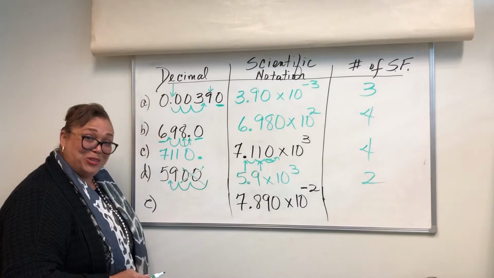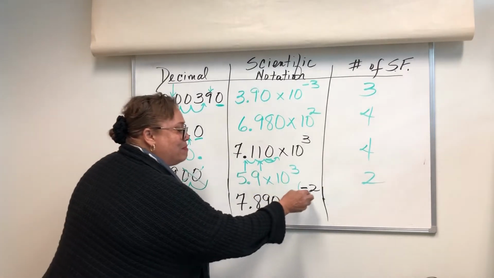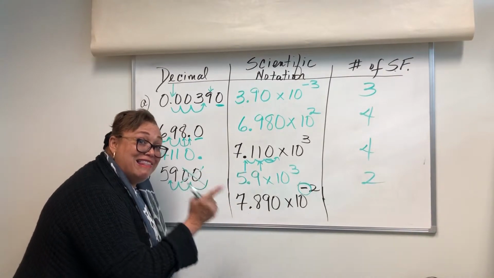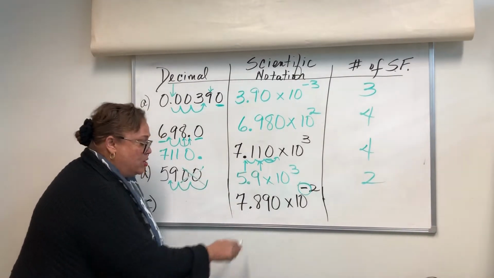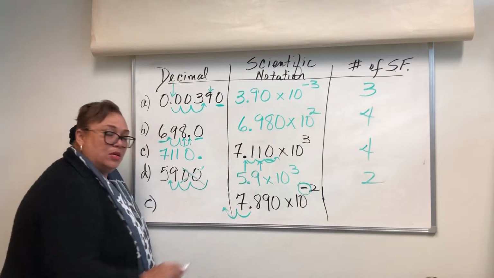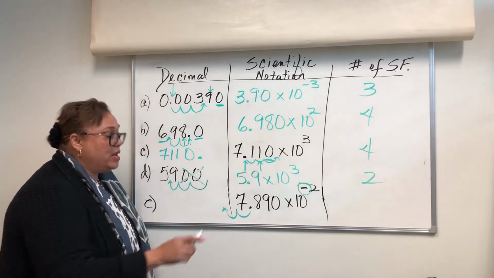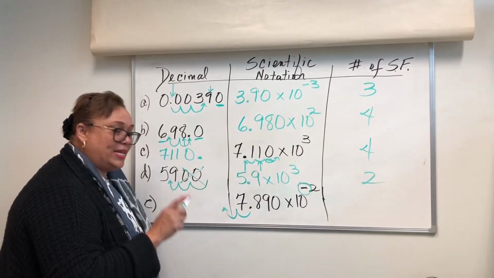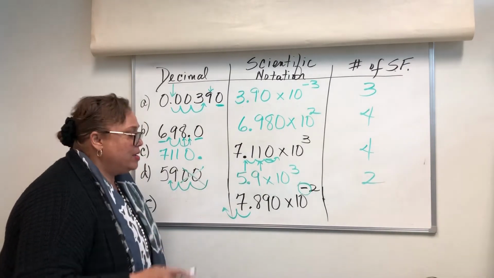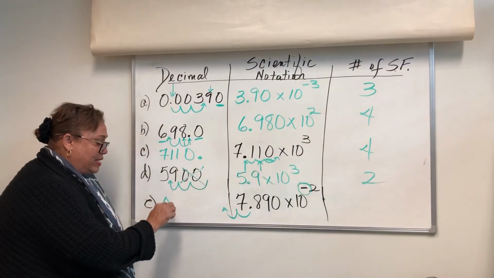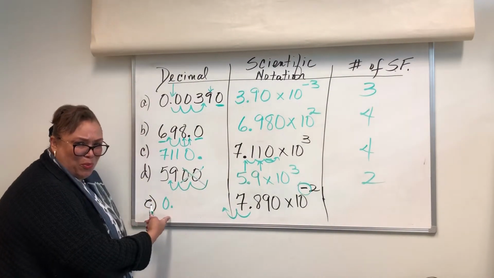Don't let me fool you. Do you see this -2? That means that this number has to be less than 1. So you got to bounce that ball and make sure that the decimal form is less than 1. Bounce it twice because it's 7.890 times 10 to the -2. So when we write this out in decimal form, I like the 0 point in the front.